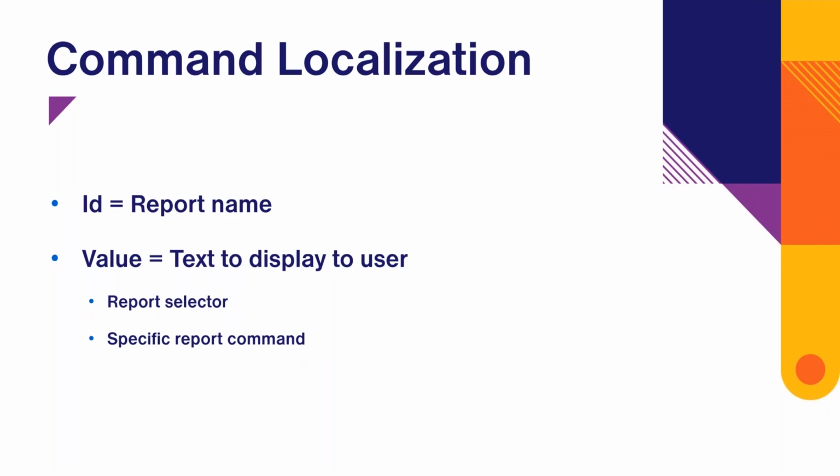Also, it is possible to localize a command. So if you want to show different localizations for different languages, this is the way to go. Or if you just want to use some specific characters that are not allowed, then you can add a localization item where you add the report's name as an ID and the text to display to the user as a value.